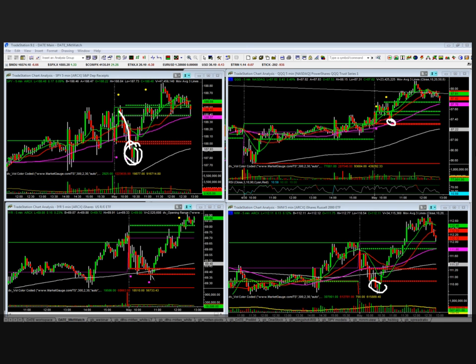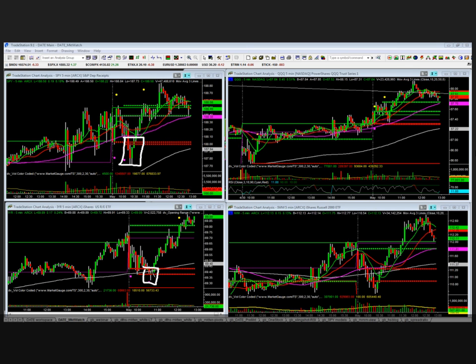And the instrument that I'm interested in, while it may have broken down, just take a look at the way in which the markets broke down versus the way this broke down, right? Totally different. So this is where I want to step in and look to do an opening range reversal trade.